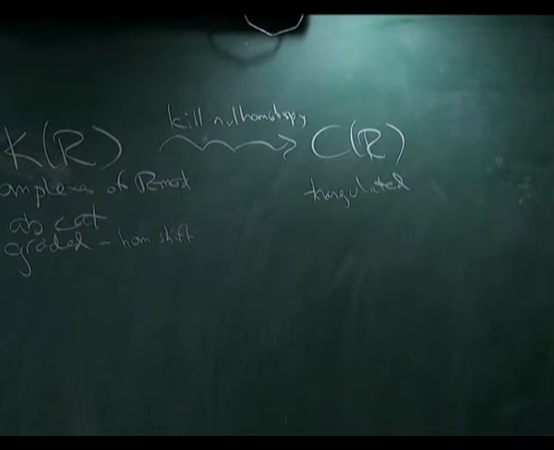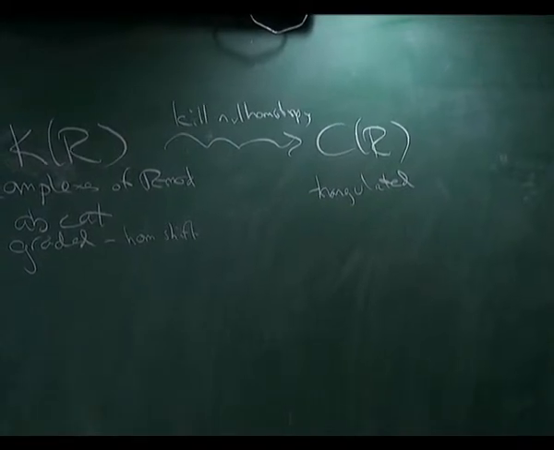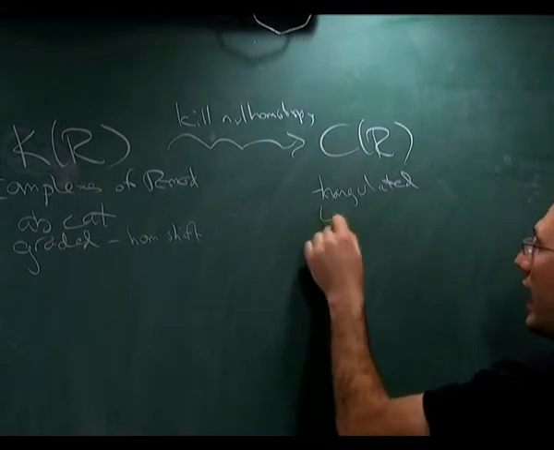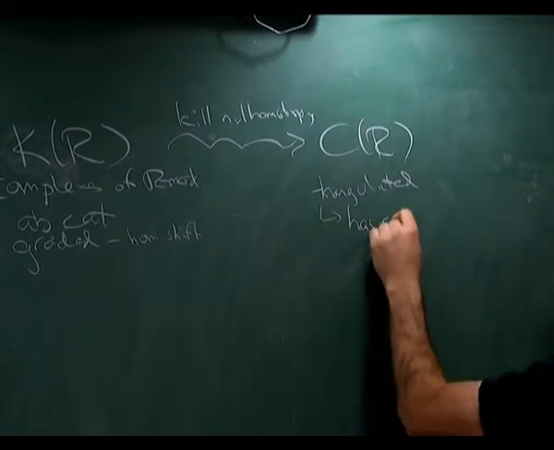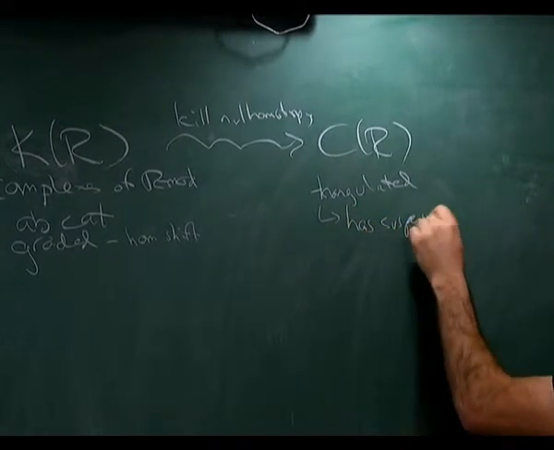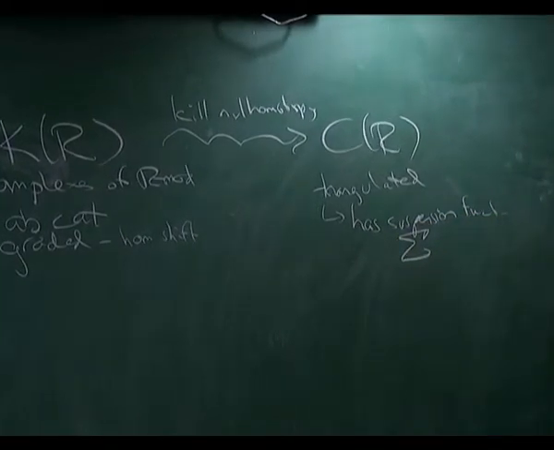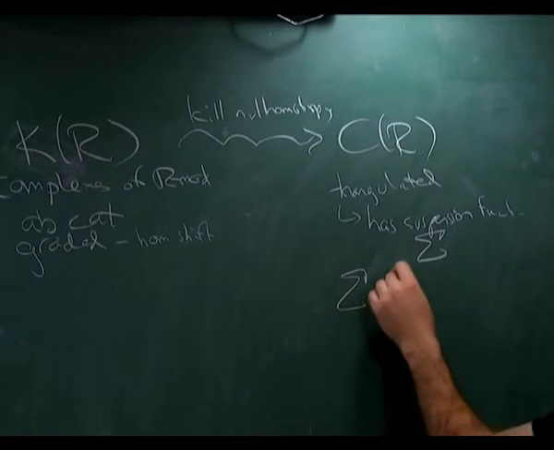And a triangulated category has a built-in thing called a suspension functor, which is usually denoted sigma. And in this case, sigma is the homological shift.